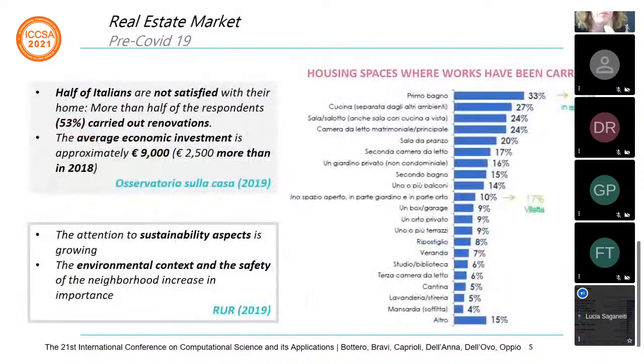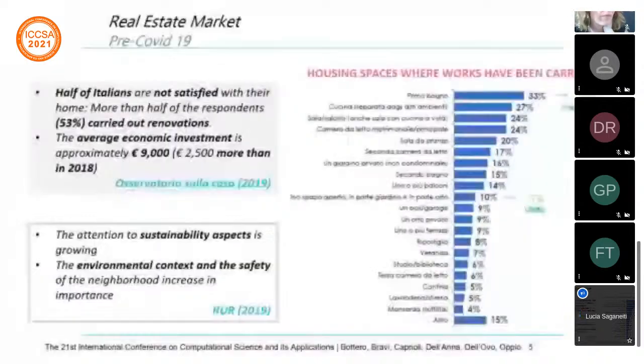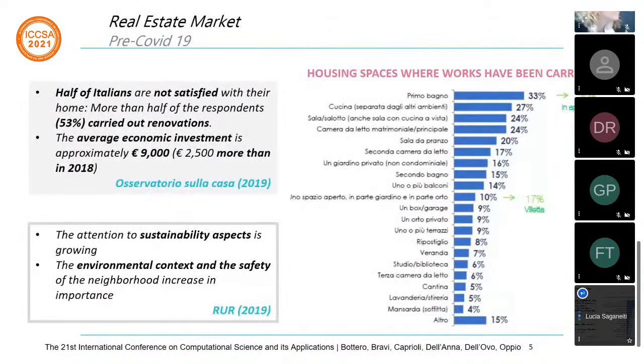This is why more than 53% of the population decided to renew their own places in order to better fit the new necessities and the new demands of society. We can also see that most of the decisions made by people to change their places were moving to a more sustainable point of view, so they also decided to apply sustainable requirements within their own places.